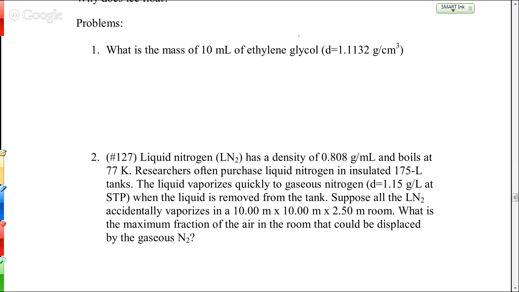Let's see. One cubic centimeter is the same as a milliliter, so we can set that up. And let's just say it's 10.0 so we don't lose all of our significant figures here. So milliliters can cancel just like in any other conversion, and we're left with 11.1 grams.